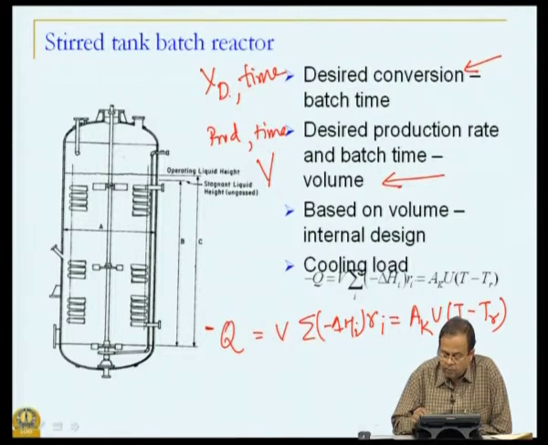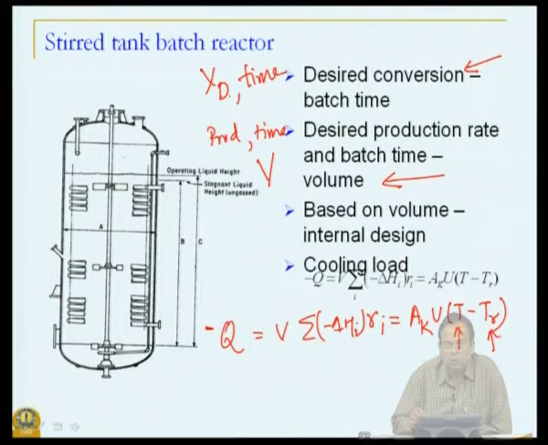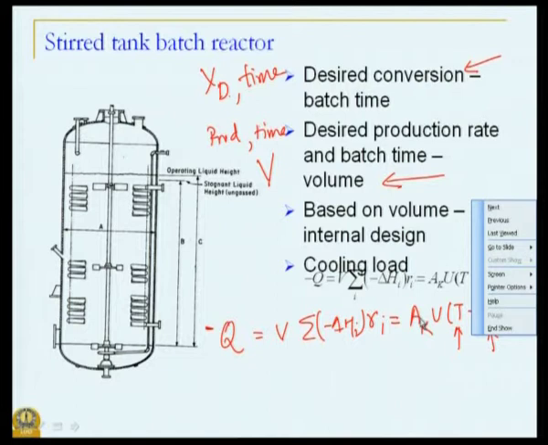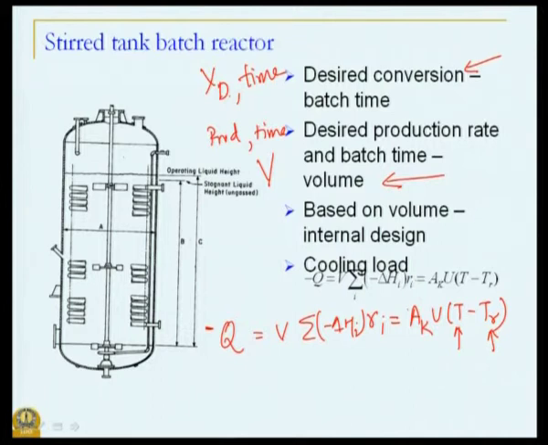Therefore, by knowing what temperature we want to operate this reactor at and what coolant we have, and deciding upon the heat transfer coefficient, we can find out how much area is required.